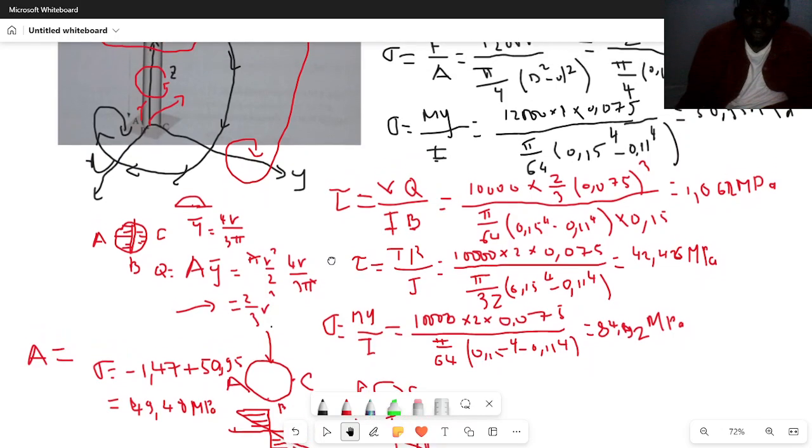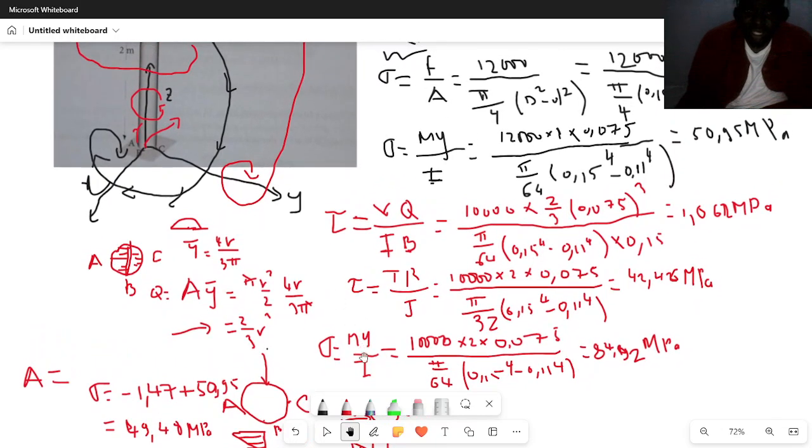Now, how do we study the shear stress? Remember this distribution that we did here. Wait, what am I saying? We are still at point A. At point A, for the stresses, this and this are adding because they have an effect at A. Now let's look at whether the shear stress has an effect at A as well.